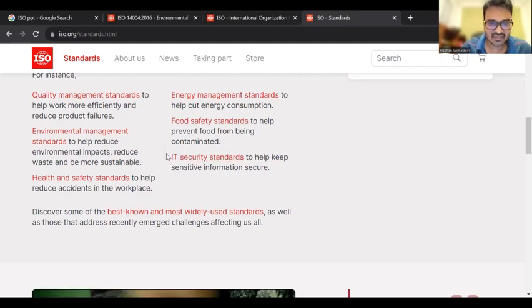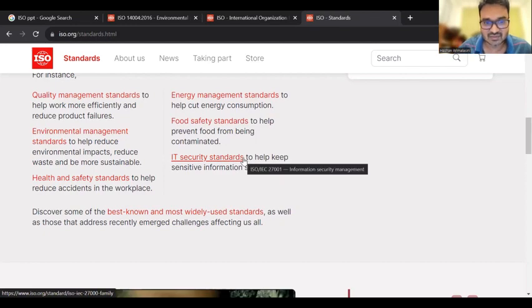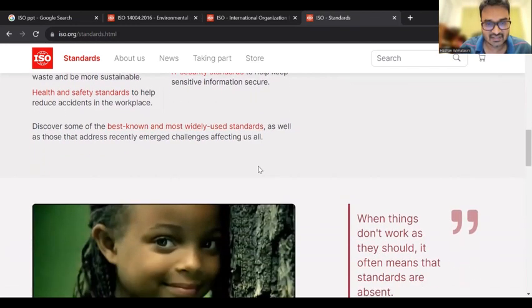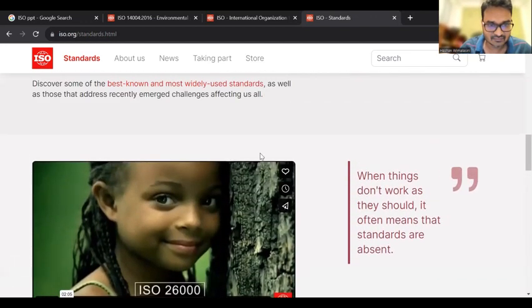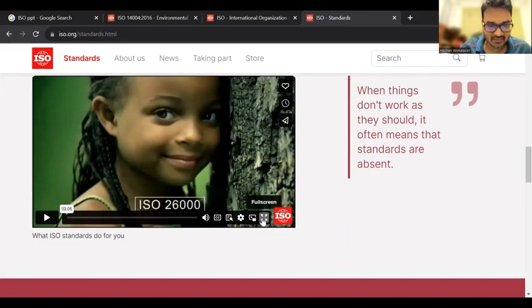IT and security standards, ඒ කියන්නේ information තොරතුරු තාක්ෂණය සහ security ආරක්ෂාව පිළිබඳව තියෙන standards. කොහොමද මේ informations ගබඩා කරලා තියන්නේ, කොහොමද මේවා safely තියන්නේ කියලා අපි බලමු. පොඩි clip එකක් තියෙනවා අපි බලමු.